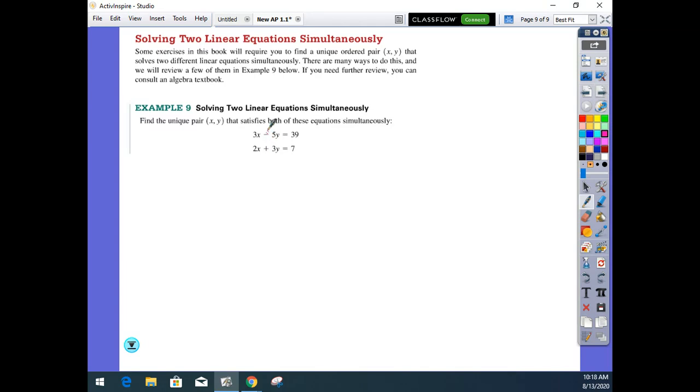I notice the y's are already opposite in sign. So I'm going to multiply this by 3 and this one by 5. So distribute 3 all the way through. Then distribute 5 all the way through.